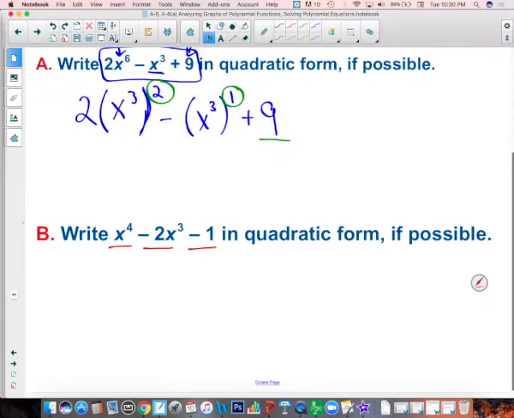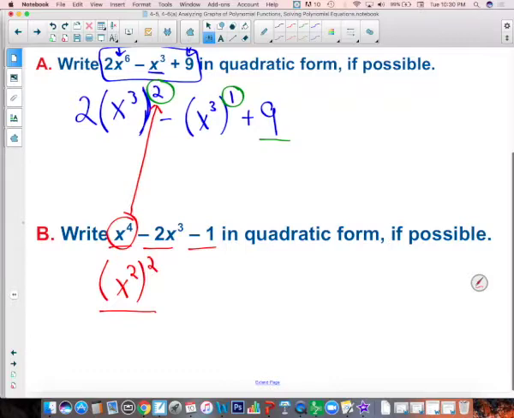Okay, first one here, how can I split that up to have something with a 2 on the outside? I want to split it up so I have a square on the outside. Okay, I got a power of 4 there. So changing it to a quadratic, I can be like x squared to the 2nd power is going to get me to that 4. So this would be my ax squared there.